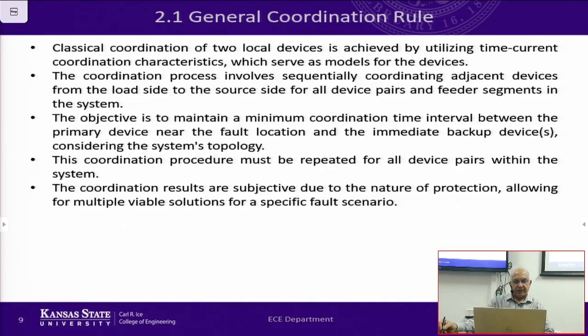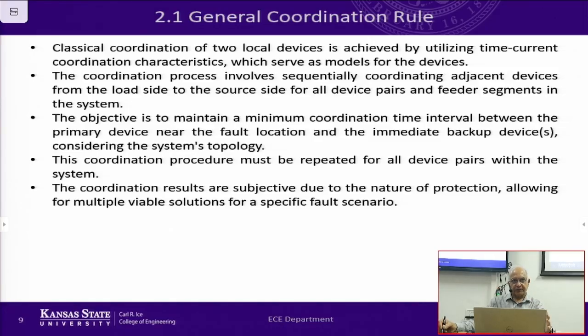And the key thing is that we need to keep a separation between the two devices, because these are time based. All the devices have time inverse overcurrent characteristics. So between two devices which are next to one another there should be a minimum separation, because you need to account for allowance, since sometimes things are not perfect, so you need to keep a sufficient gap between them.